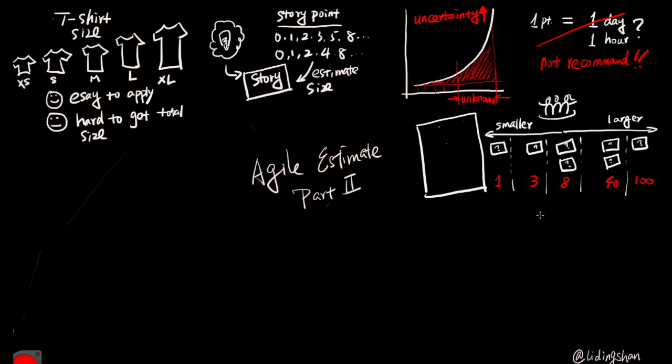This exercise can quickly help the team to get a rough idea about the total size of the work. Also, the team will have a set of baseline for the estimation in the future.